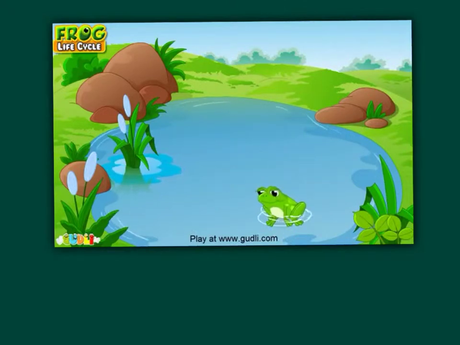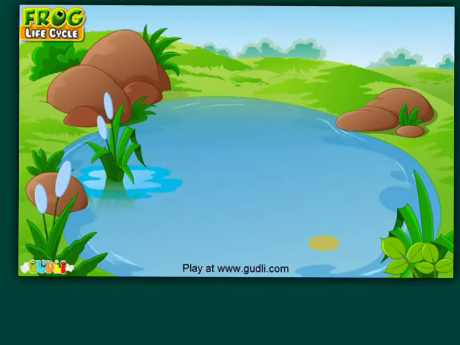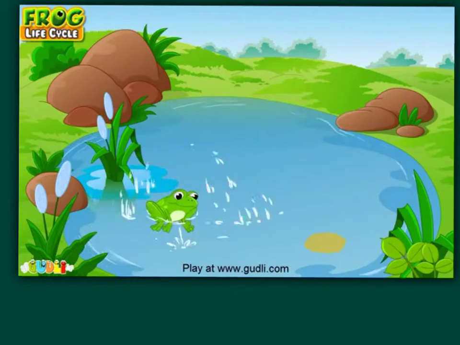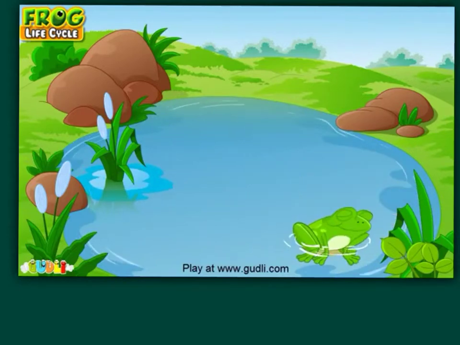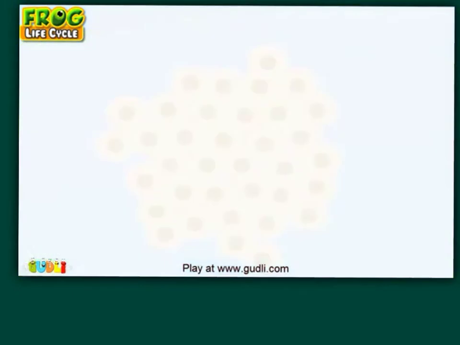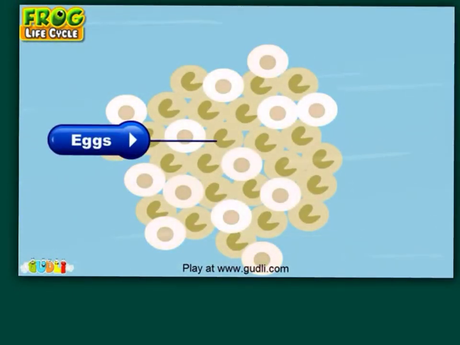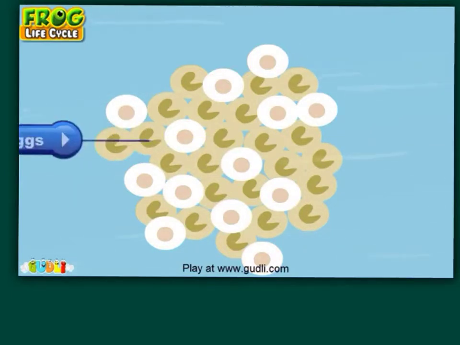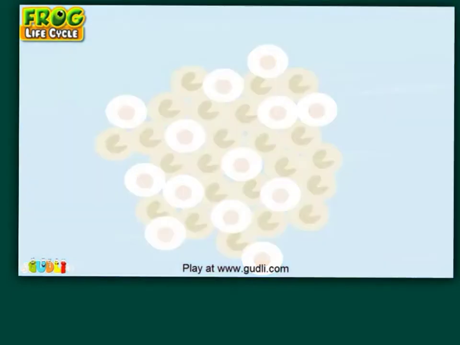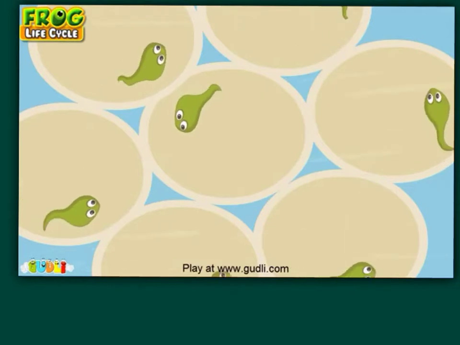The frogs lay their eggs in calm or static water. These eggs float on the surface of the water body. And some of them die while others hatch after some time. Baby frogs have a tail and look like fish.